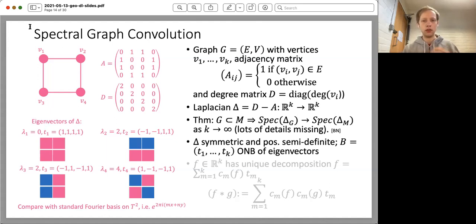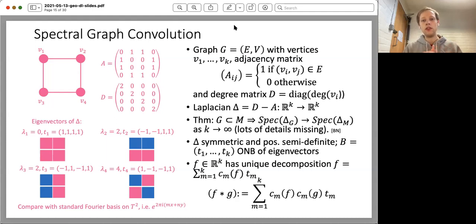What you can notice in this case is, you can compare this with the standard Fourier basis on T2, these things, e to the 2 pi i, and so on. If you take the real part of these functions and discretize it to a 2 by 2 matrix, as I've done before, then they actually agree with these eigenvectors of delta. But that's just an aside.